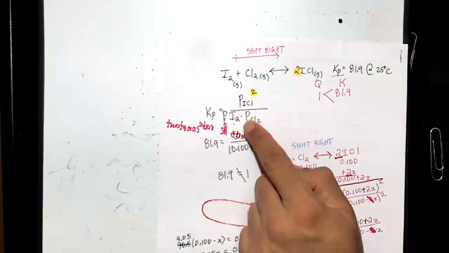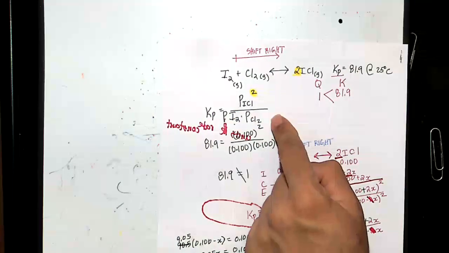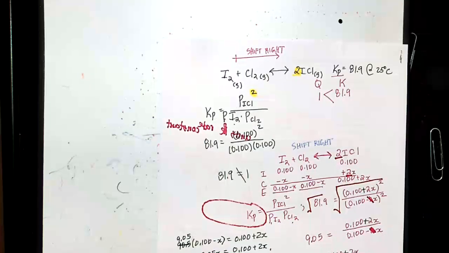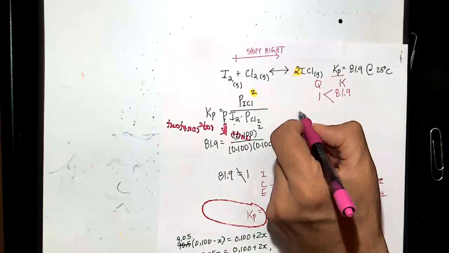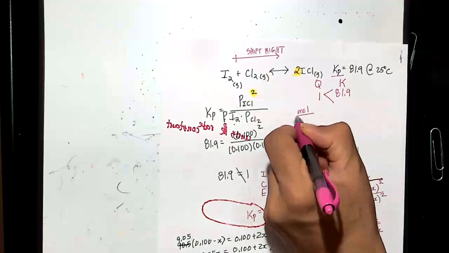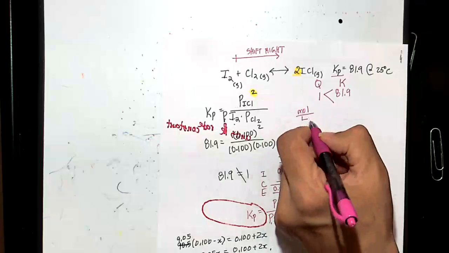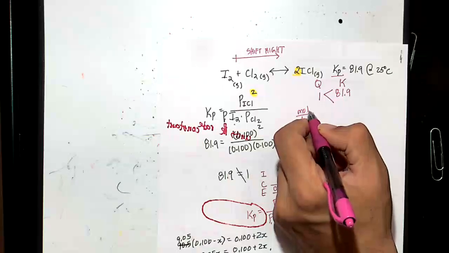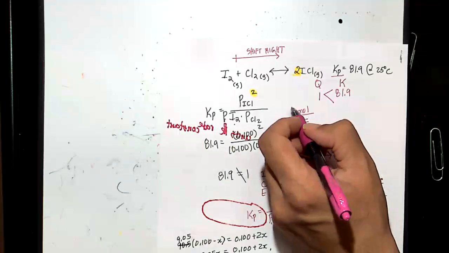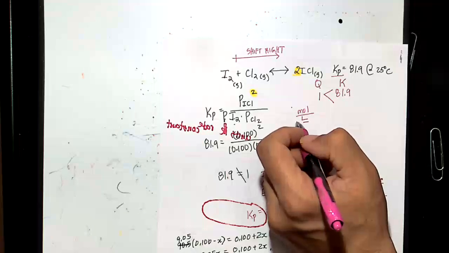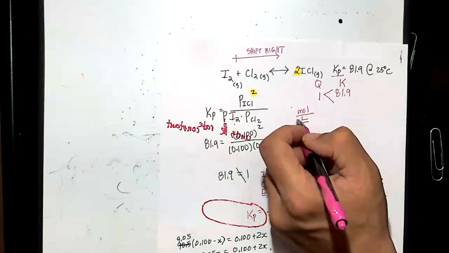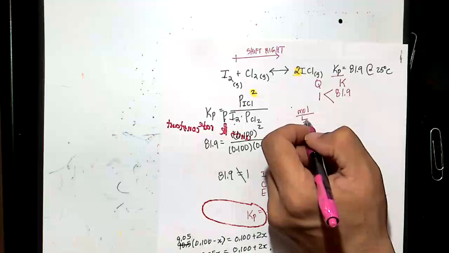By the way, if it's Kc instead of Kp, what will you put in here? Concentration. And what are the units of concentration? Capital M, which is moles over liters. So make sure you divide by liters. If they give you moles and it's all in a 5-liter container, what will you do?